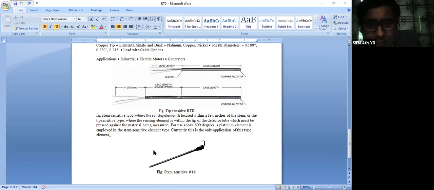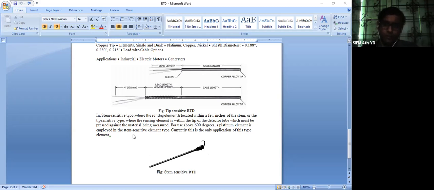In the stem sensitive type, the sensing element is located within a few inches of the stem, meaning it can be somewhat far away too. Or the tip sensitive type, where the sensing element is within the tip. That is the basic difference. For use above 600 degrees, a platinum element is employed. This question can come: to sense a temperature of more than 600 degrees, what kind of adjustment is done?